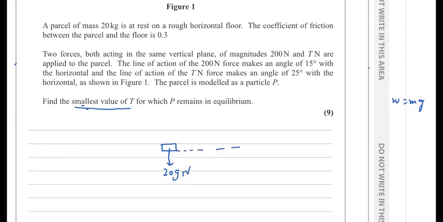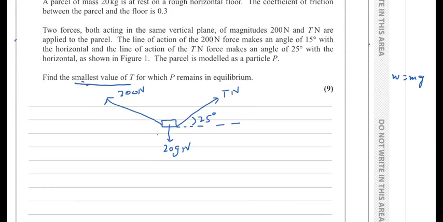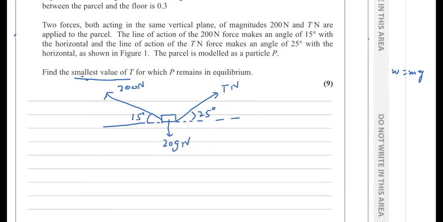One force is T Newton, making an angle of 25 degrees, while the other force is 200 Newton, making an angle of 15 degrees with the horizontal. Now the normal reaction will act upward. Let me draw the normal reaction.